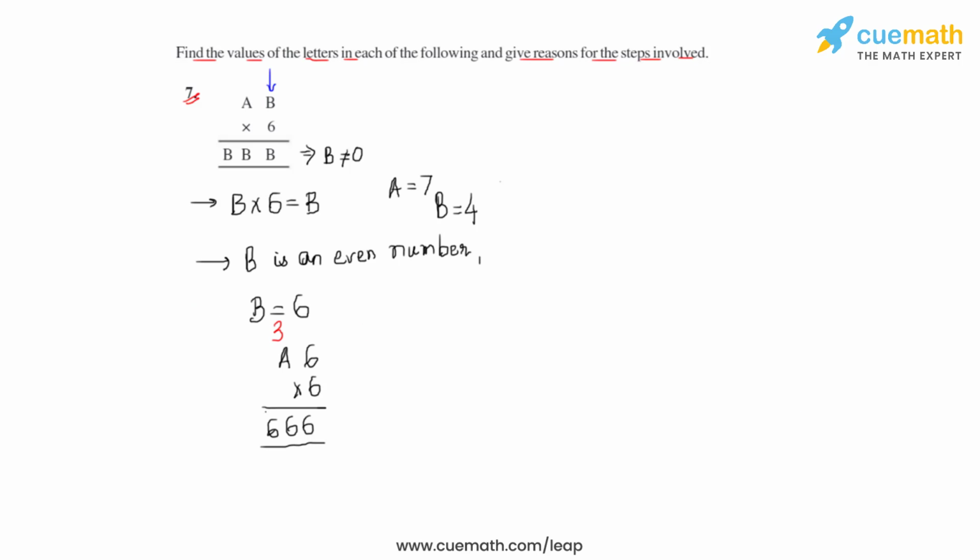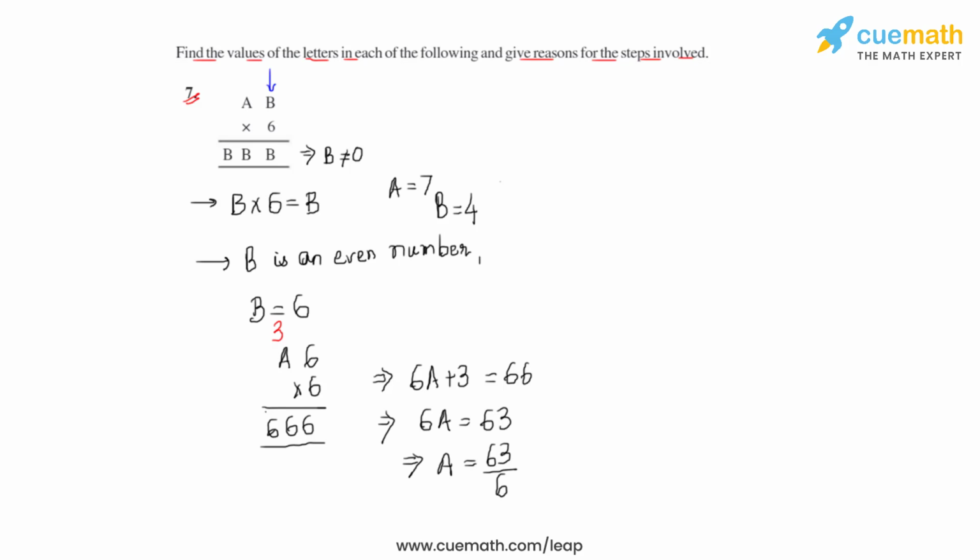Based on this, let us find the value of A. So 6A plus 3 equals 66, where again 6A equals 63. If we solve this, we'll again see that the value of A is not a single digit. Hence, this assumption is also not true.